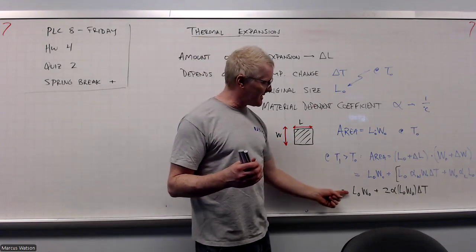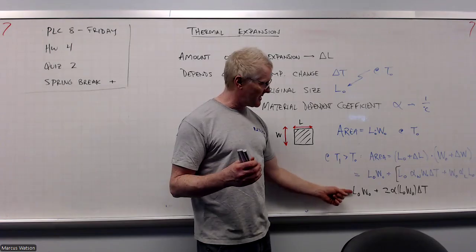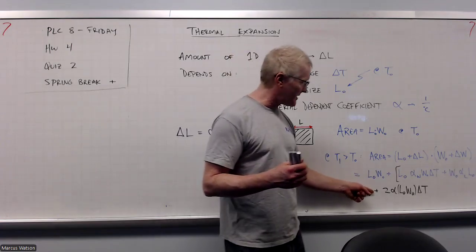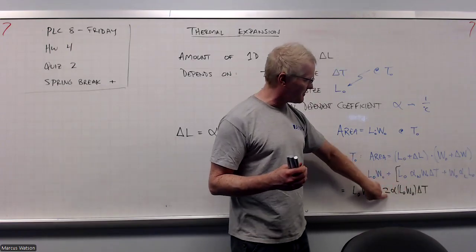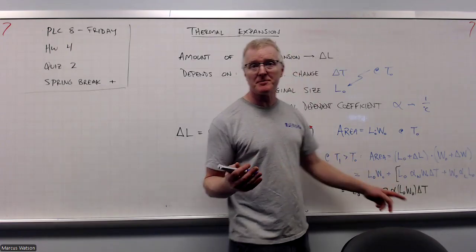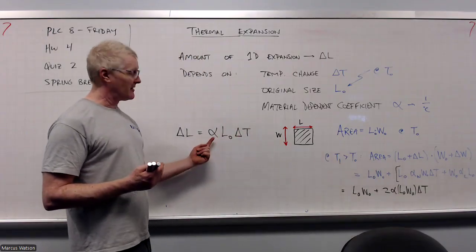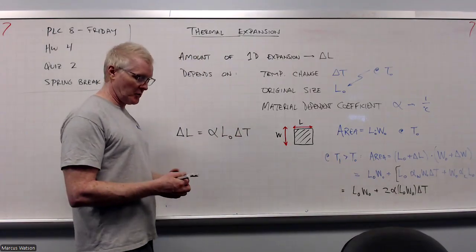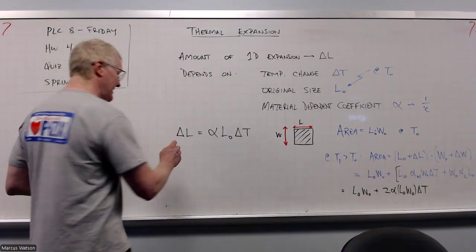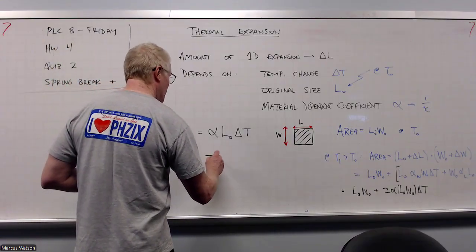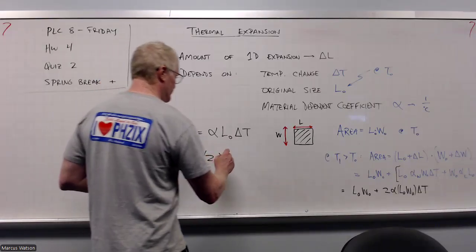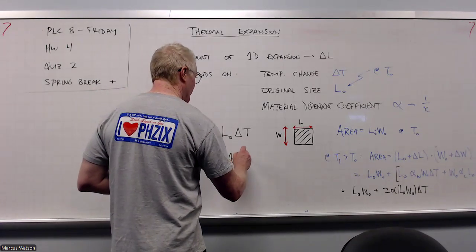If I look at this, it essentially approximates the original area plus the original area times the change in temperature times the material coefficient, and that happens to just be twice the linear coefficient. All right, so we can write an easy expression for delta in area, which is 2 alphas times the original area times the change in temperature.